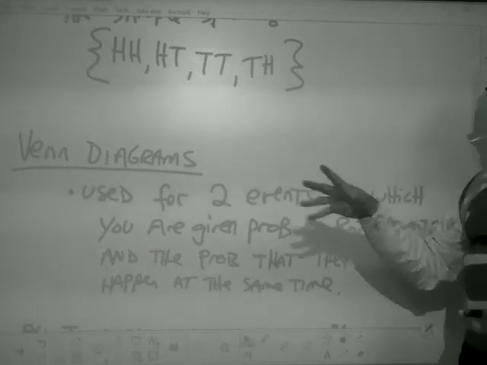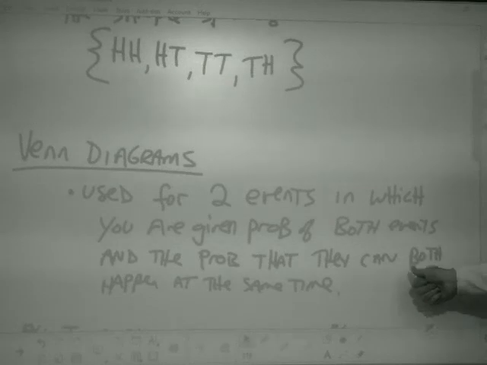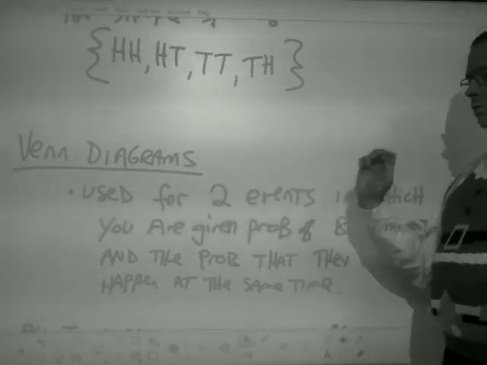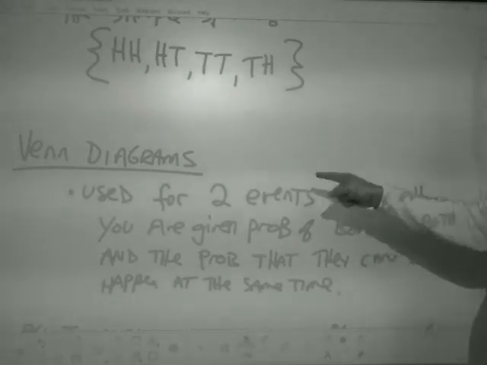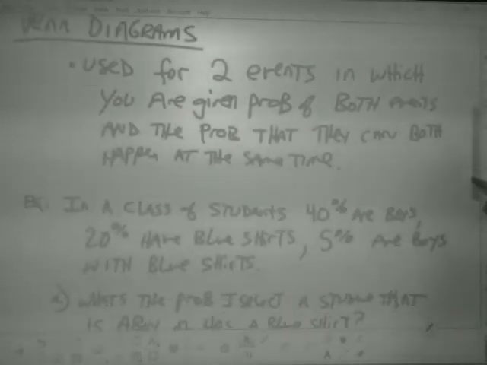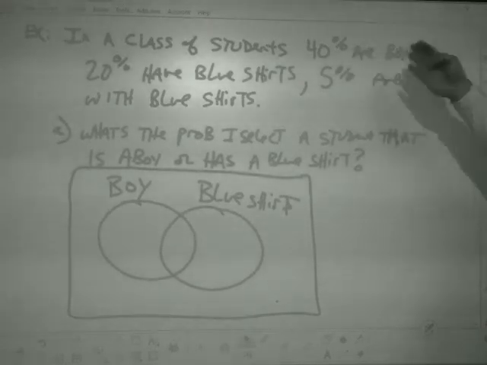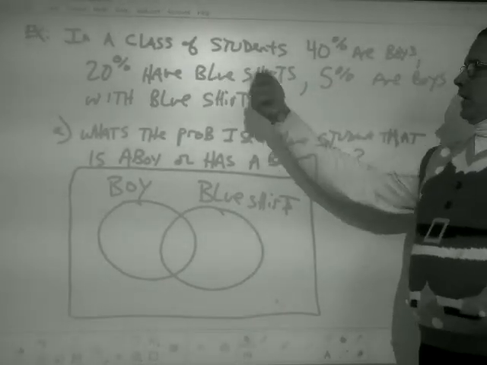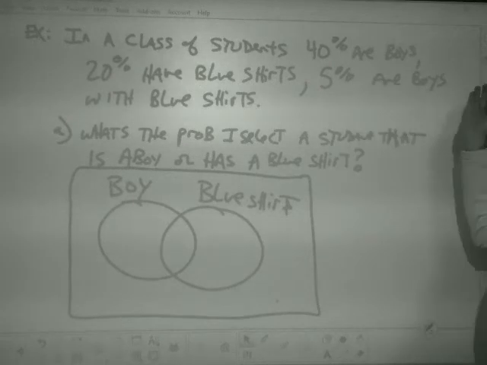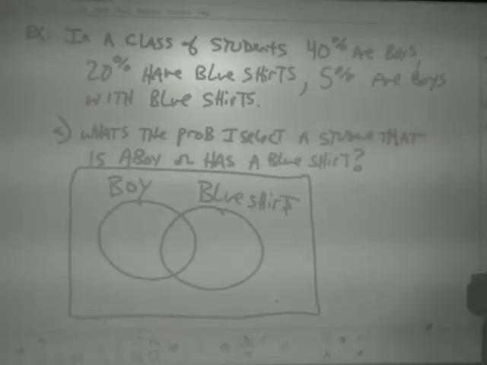You get probability of this, probability of that, and the probability that they can both happen at the same time. So a this, a that, and a both. If that's the case, then we're going to make what's called a Venn diagram. So for example, in a class of students, 40% are boys, 20% have blue shirts, and 5% are boys that have blue shirts. So boys and blue shirts.